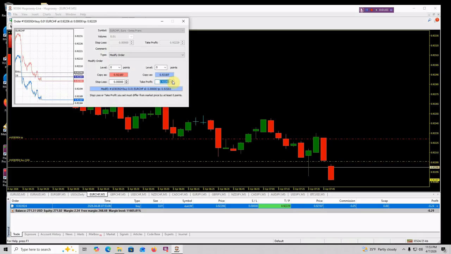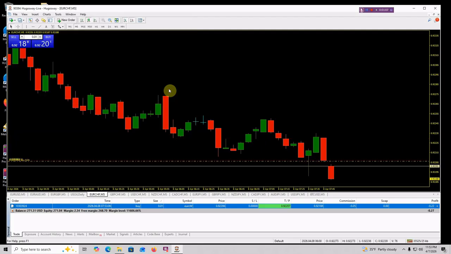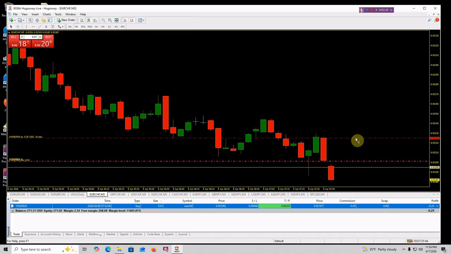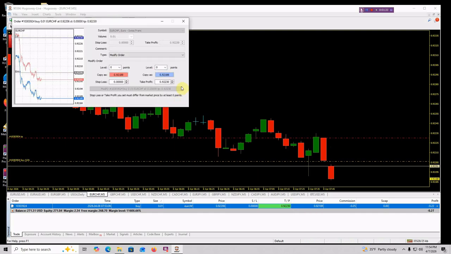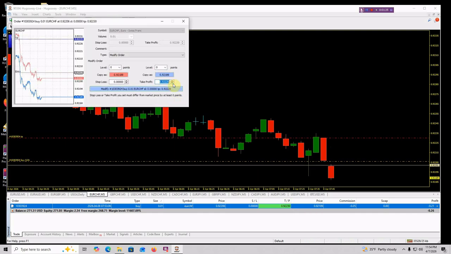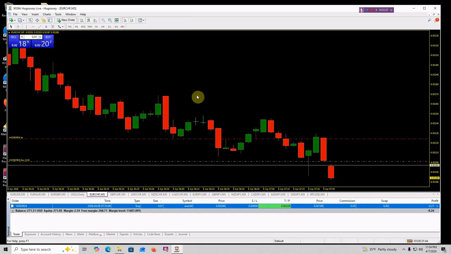See if I can get this right. Oops, I'm sorry, I'm looking at the close price. I need to be at the open. Alright, so our opening here is 230. We're going to go down a pip. So that's where the market will return to.